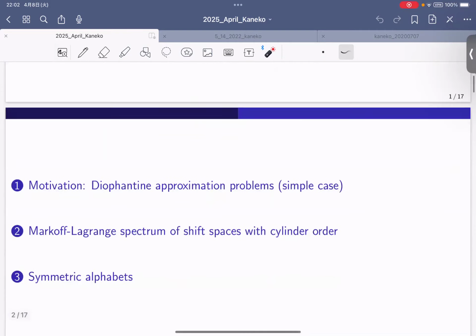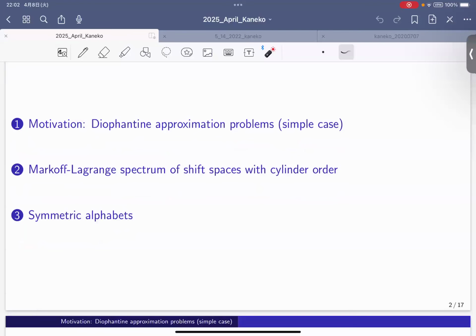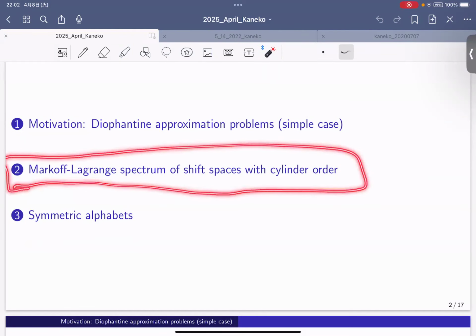So today I would like to talk about three topics. First is motivation. Because I'm a number theorist, I would like to talk about the motivation from Diophantine approximation problems. There exist many problems of Diophantine approximation, but because of time, I would like to talk only about a simple case. In the next section, section 2, can you see this red line?